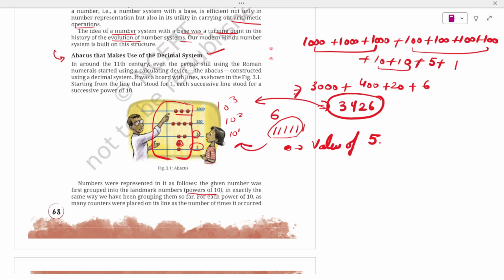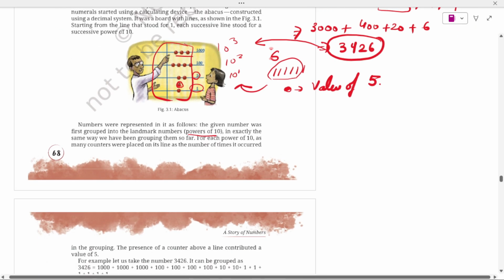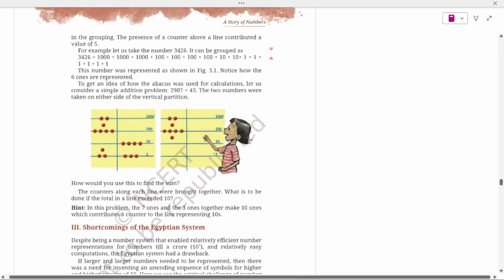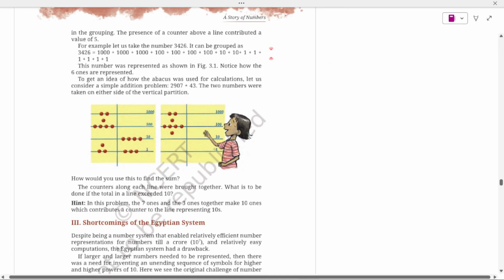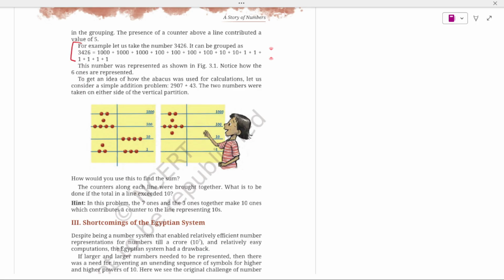Okay. So you will later learn how to express other numbers like I've done this. This is 3426 which is presented here. So what if we need to present the summation of two numbers like 2907 and 43? So look here. This is a vertical line to express two numbers.